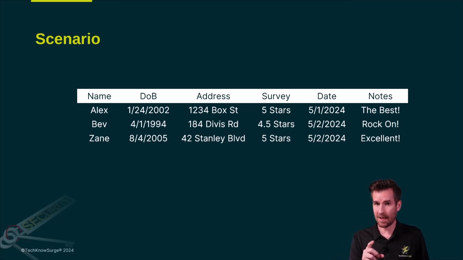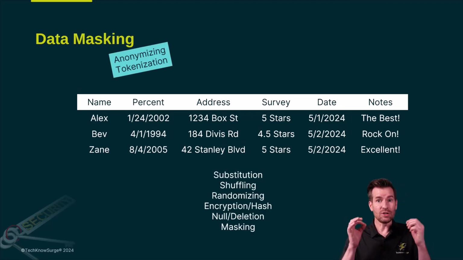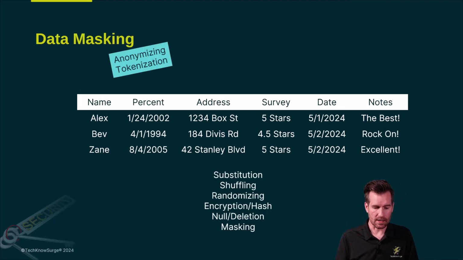But this causes a problem, because our development environment is not as secure. So we're going to have to do some data masking and hide that data, so that it doesn't have the actual real data, but very closely emulates the real data. Data masking is one of the ways we can do that.